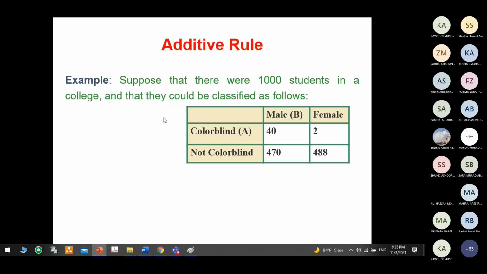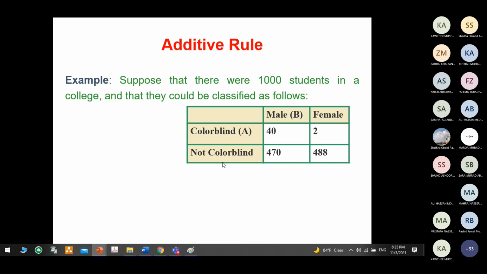Now I will define the 1,000 students in terms of colorblind. We have how many students are colorblind and how many are not colorblind. As an example, I will call event A the colorblind students. I found there are only 42 students, 40 of them male and 2 of them female.